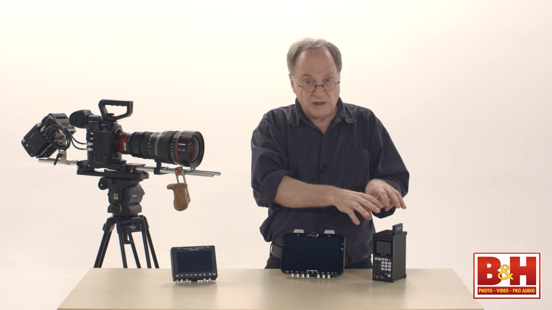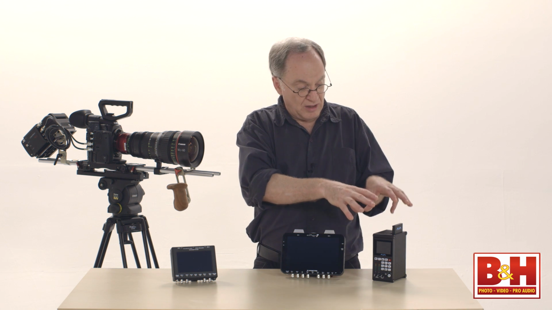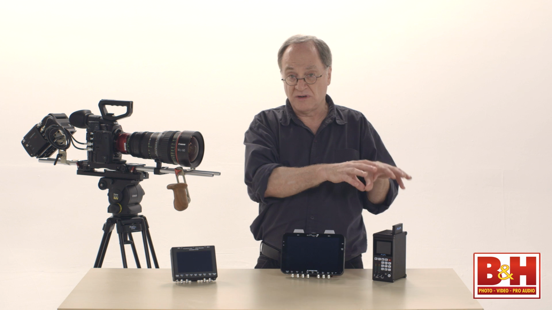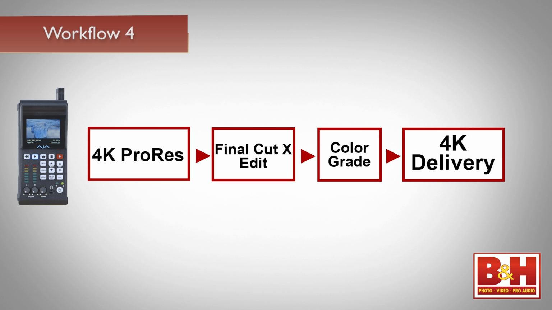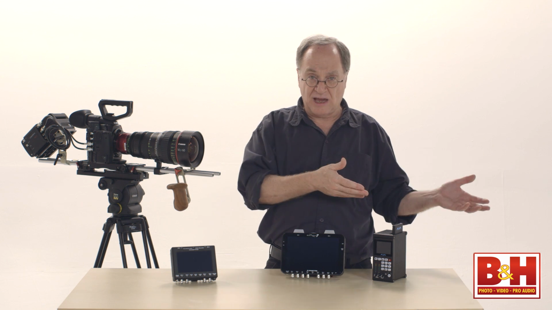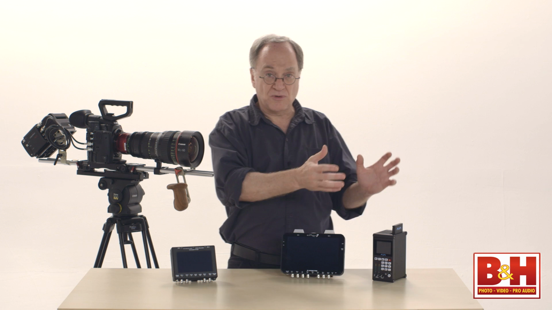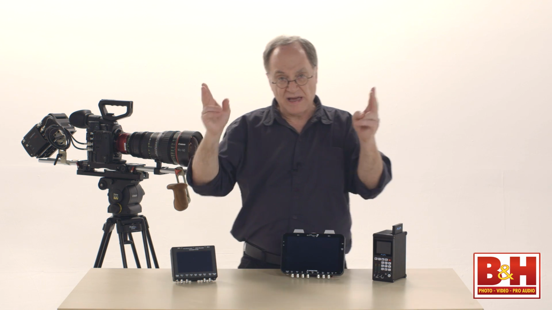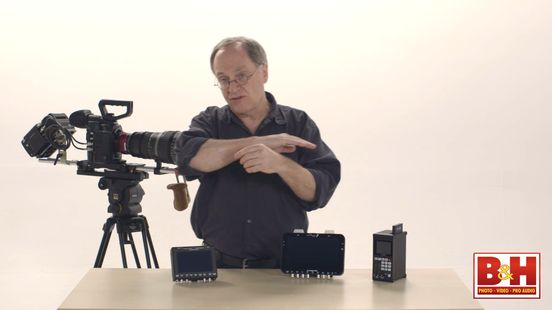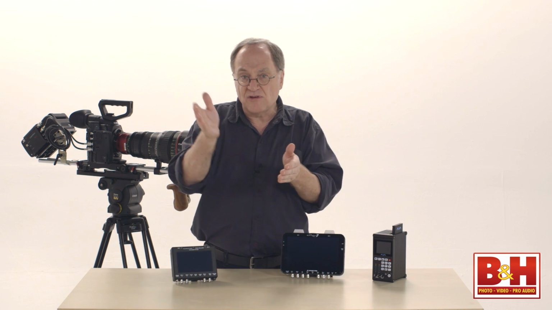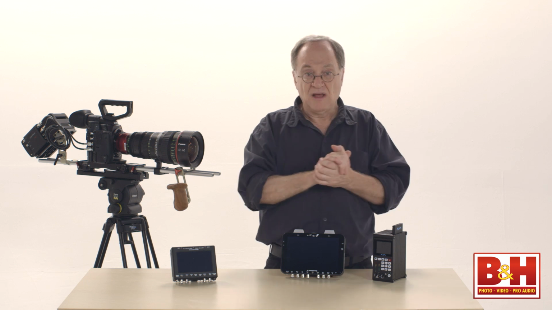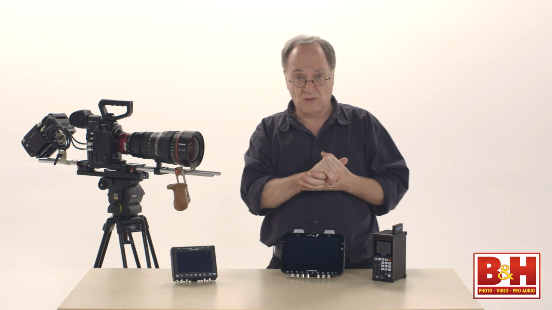You've simply recorded the RAW in the first place as compressed ProRes or DNx HD, and you've edited them in a conventional way. You then go to a grading process and you deliver. And that's how a lot of high-end television is done today. It's shot with other cameras and captured to ProRes 4444, edited immediately, and so much of the workflow is so streamlined because so many other steps have been deleted. So that is a fourth suggestion for workflow.